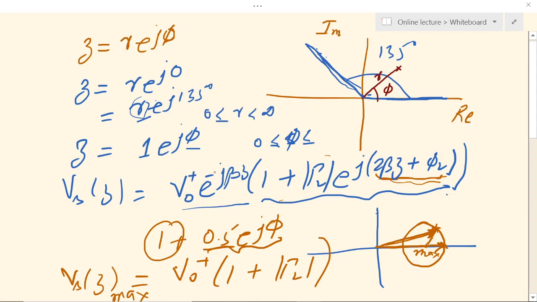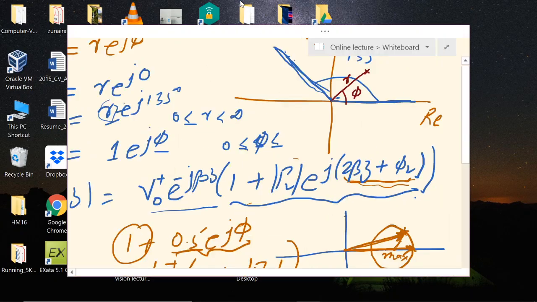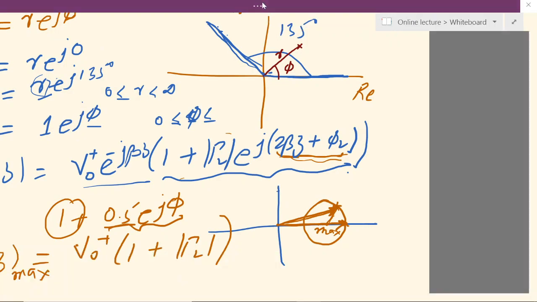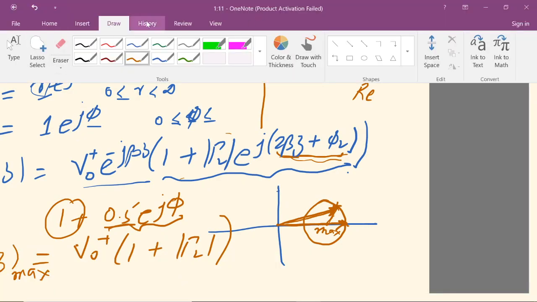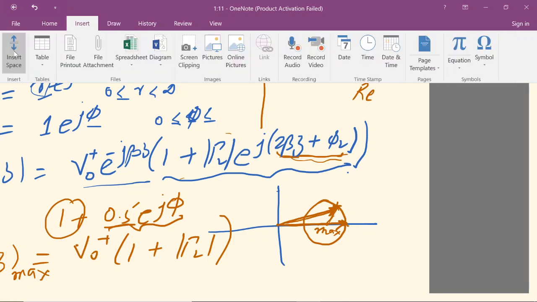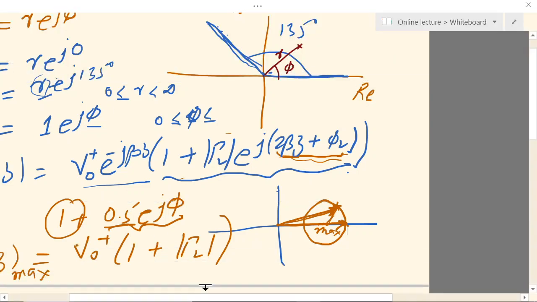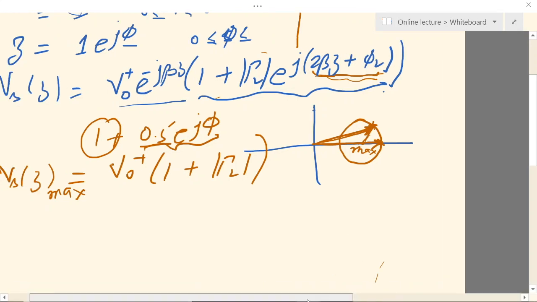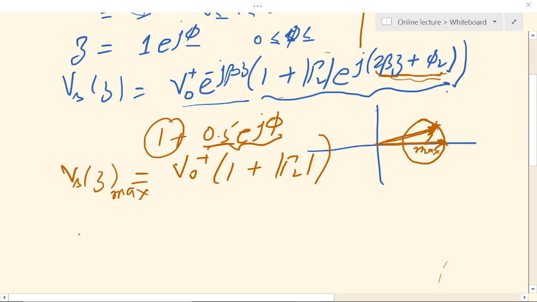Similarly, the minimum value. The minimum value of V as Z will occur when this vector is aligned to here.